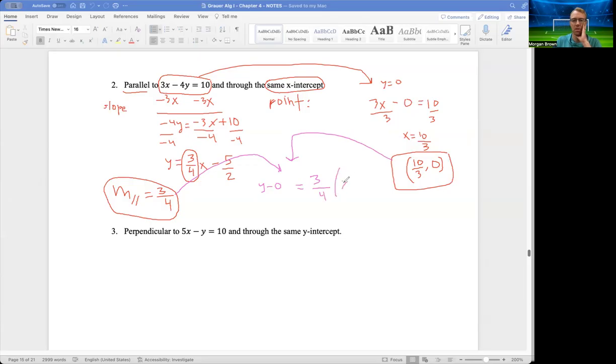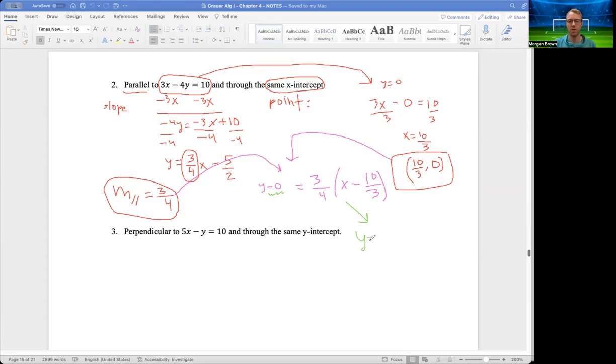And then x minus 10/3. And then for completeness, we want to simplify, like reduce fractions and don't write things that you don't need to write. So this little minus 0 here, we really don't want to write that in a final answer. So we'll rewrite the same thing just without the minus 0.